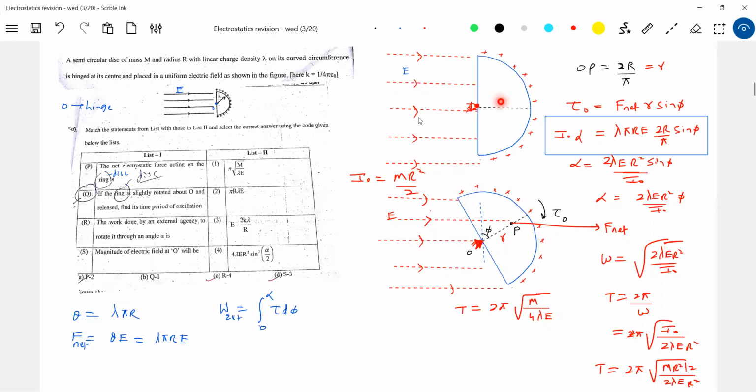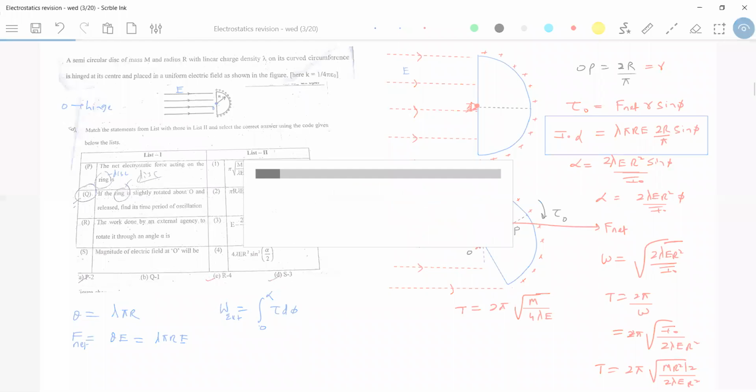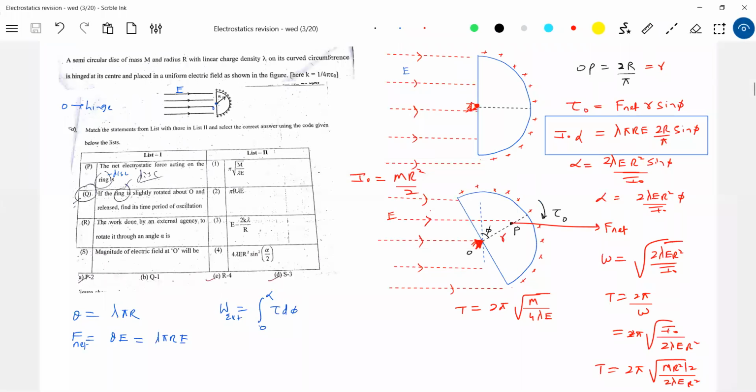Of course, compared to mass of the disk, the mass of the charge present here will be negligible. There's some assumption we made. So this charge will have a mass distribution, so that's where the center of mass will be. At that particular point, the whole charge we can assume to be located. And I'm proceeding further. It's very rare that we think about few problems like this, but naturally all our problems will be directly, we'll go for it.